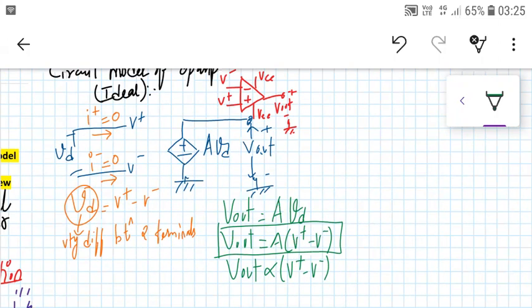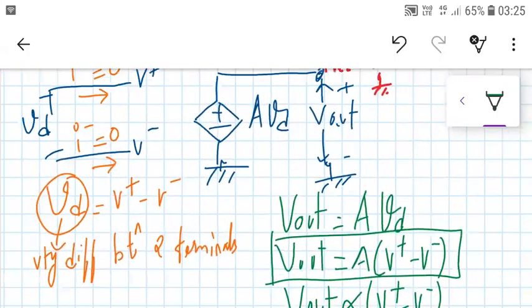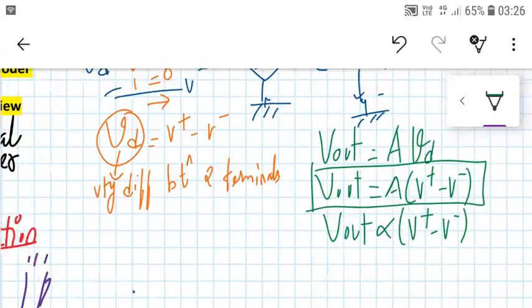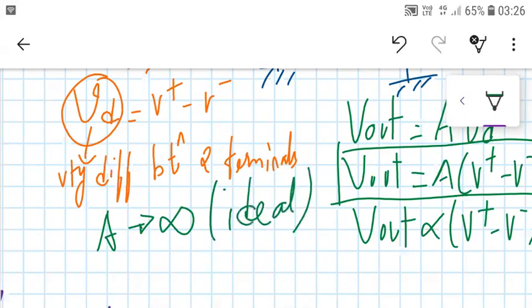And one more thing we have is the gain of this amplifier. The gain of the ideal amplifier is extremely high, so basically infinite. So the gain of op-amp is infinite in the ideal case. So that's a big advantage. So it's virtually infinite.